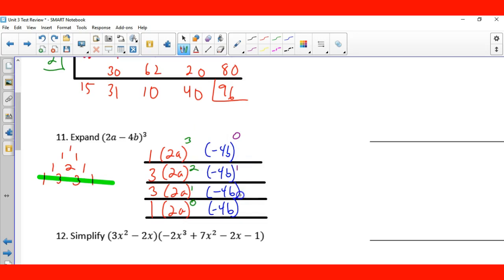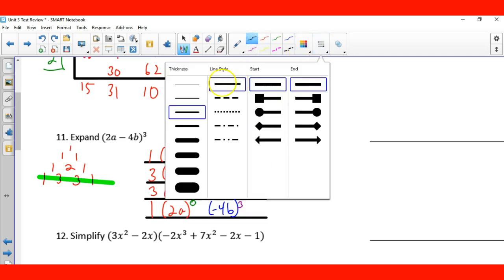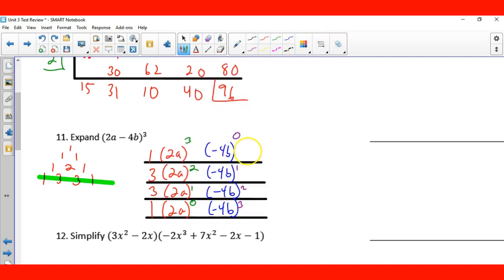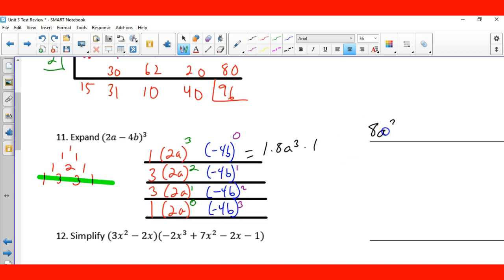And now we're going to evaluate all of these. So right here, I have 1 times 2a cubed. 2 cubed is 8, and a cubed is a cubed. And right here you have negative 4b to the 0. If you remember, anything to the 0 power is 1. So 1 times a cubed times 1 is going to be 8a cubed.